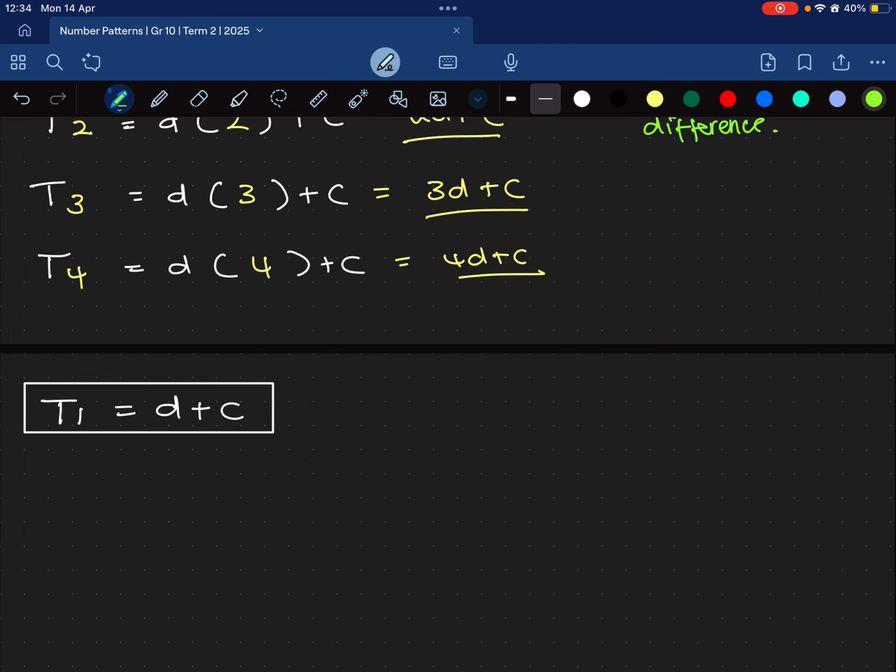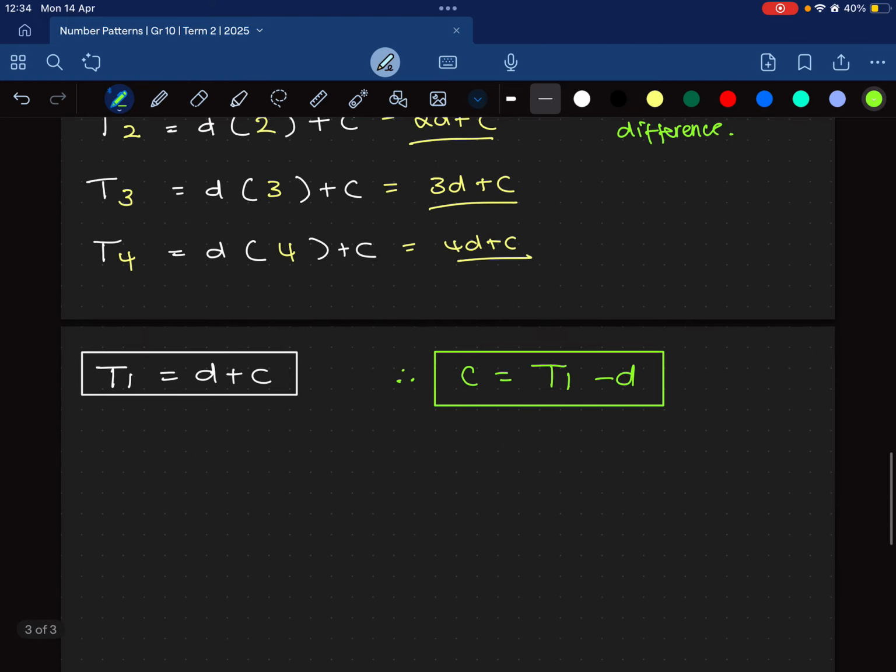Well, I could just take D to the other side and say, well, therefore I also know that C is equal to T1 minus D. Okay, so this is just some helpful things that we can use in order to figure out how to solve for different number patterns.